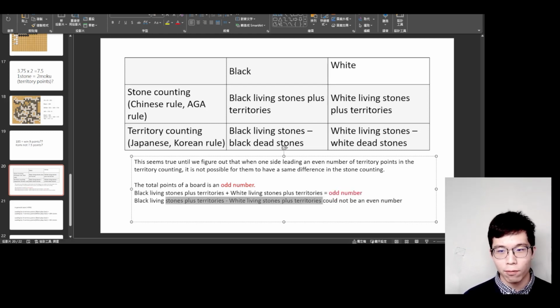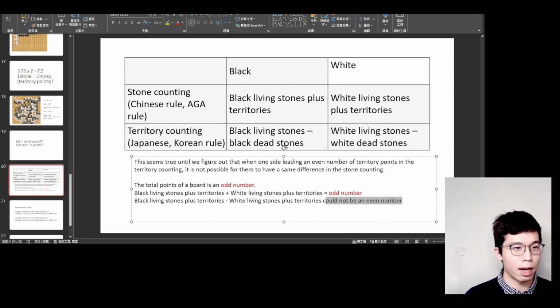Then this difference could not be an even number.